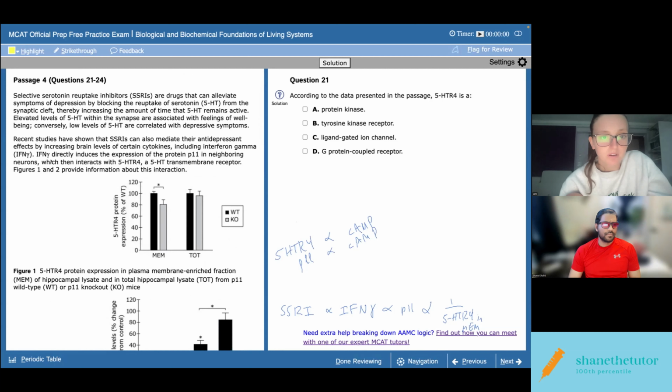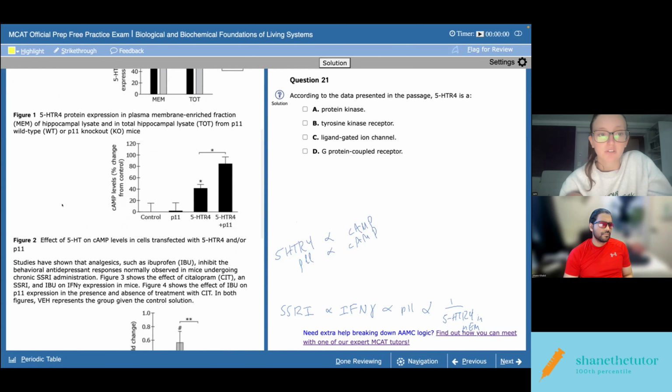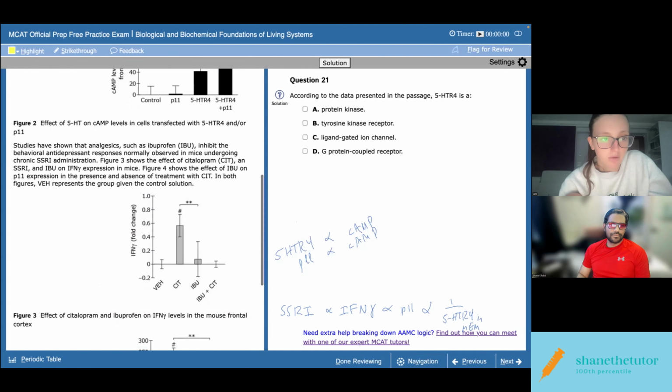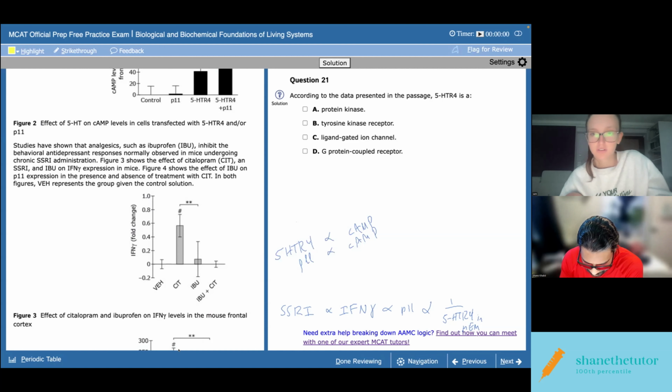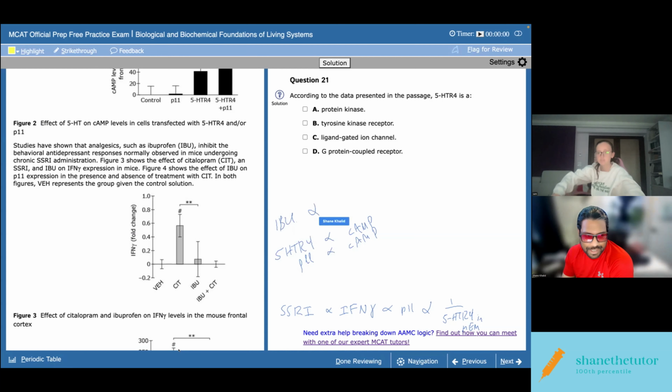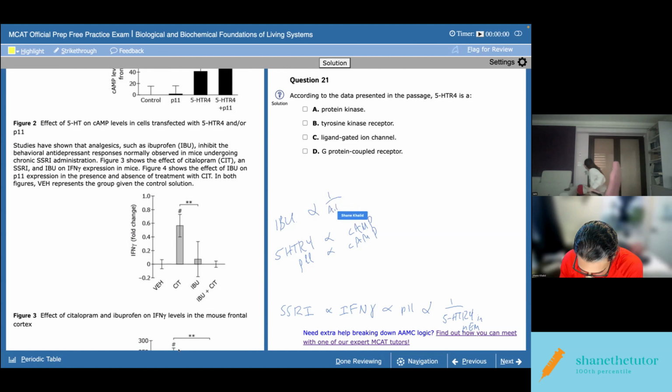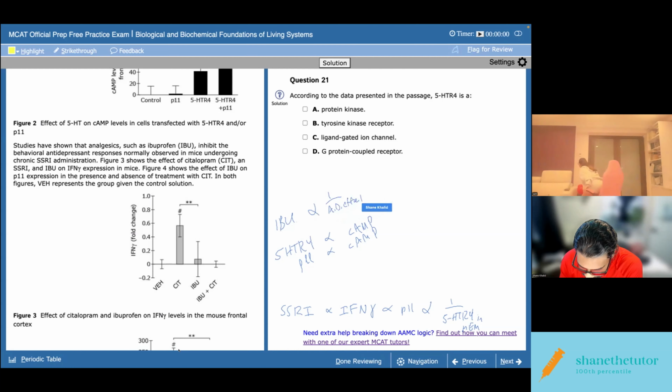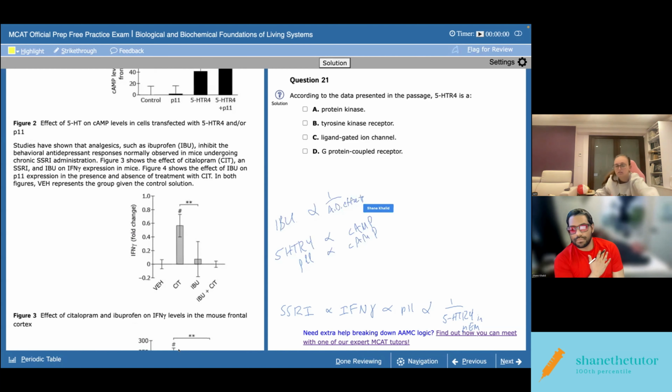So then we can say there's some positive relationship between IBU and IFN-gamma. We know that IBU, from what they're telling us, inhibits the antidepressant effects. But isn't that also what they were saying about the other ones?